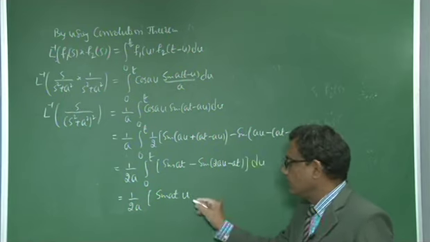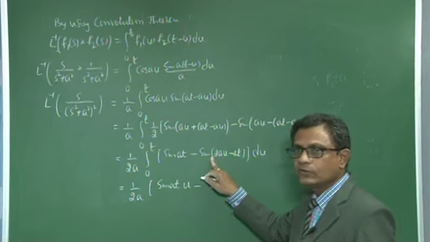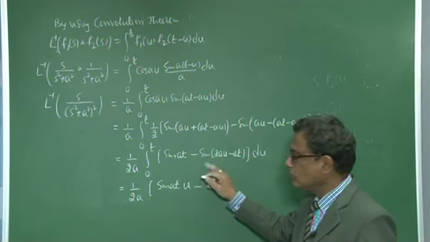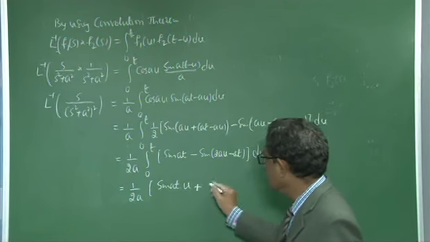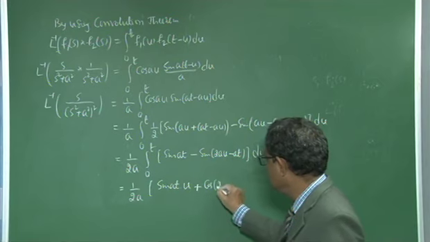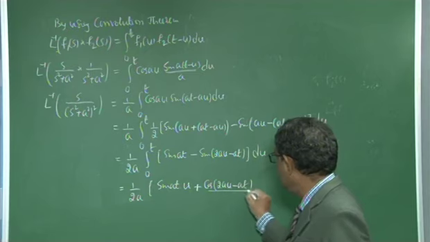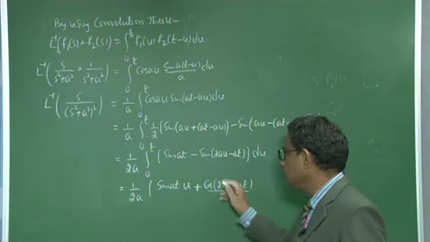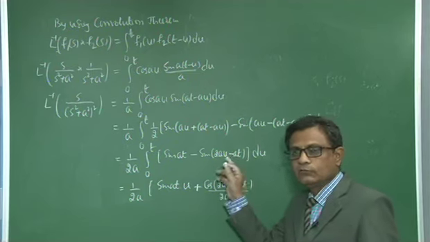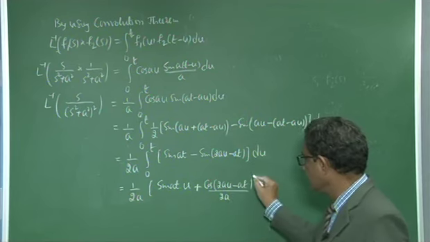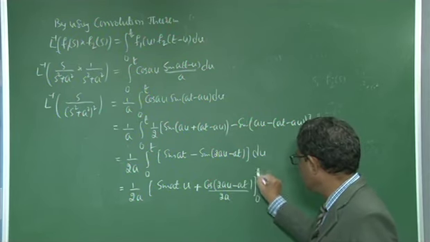Then second term minus, integration of sin is minus cos, minus into minus, plus cos of 2au minus at divided by coefficient of u, that is very important. Coefficient of u is 2a from 0 to t.